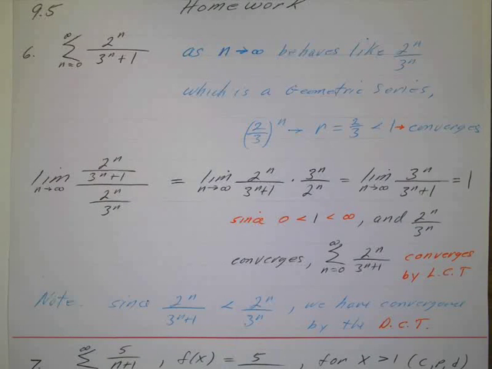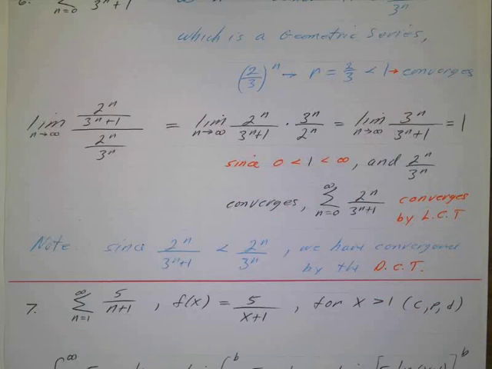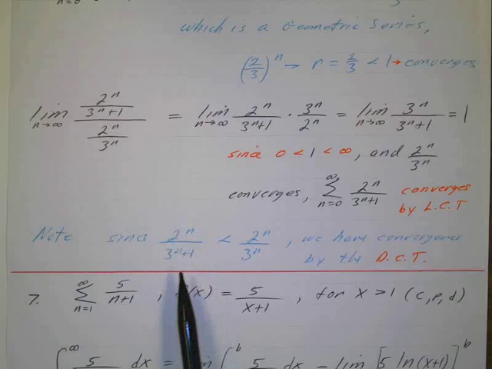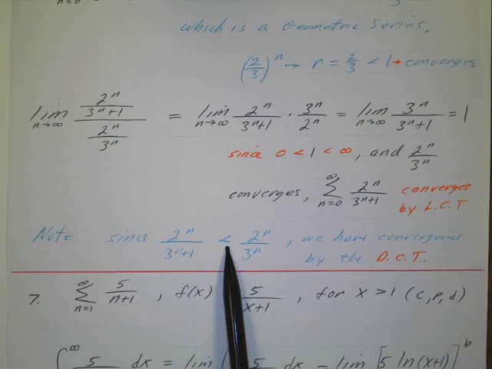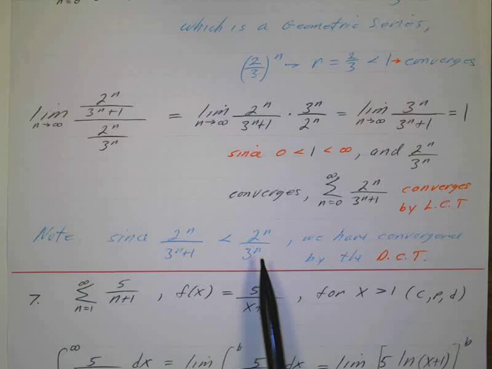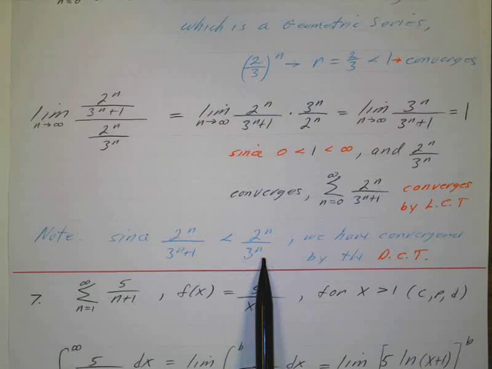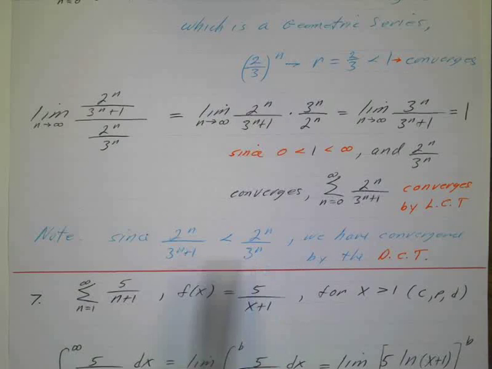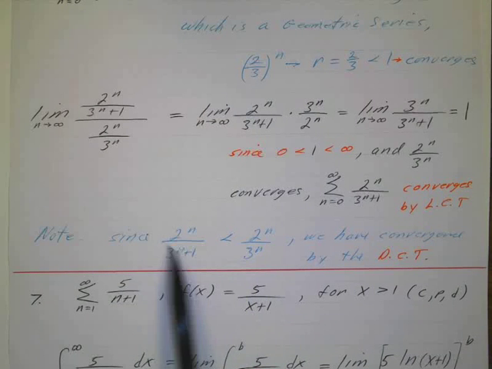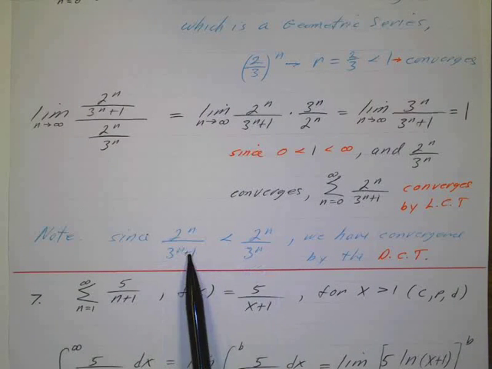And just take note that 2 to the n over 3 to the n plus 1 is less than 2 to the n over 3 to the n. Remember, if I make this denominator bigger, it creates a smaller fraction. So this fraction would be smaller than this fraction, because this denominator is bigger than that denominator.